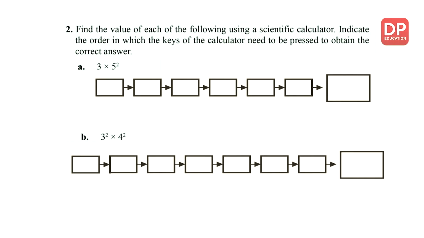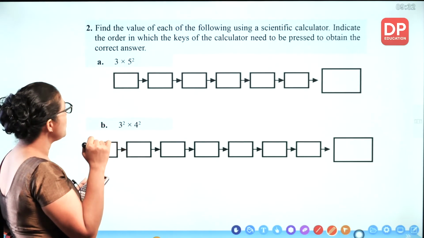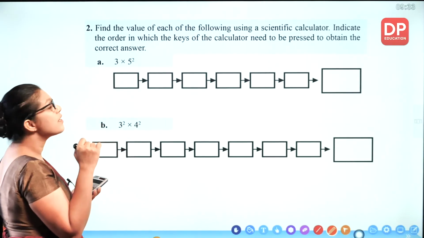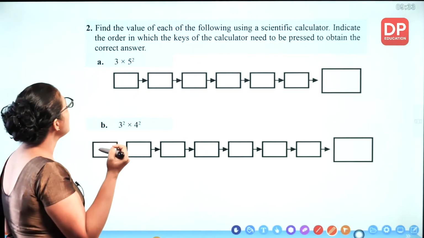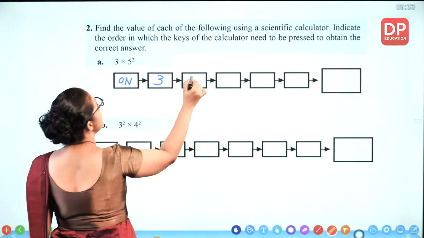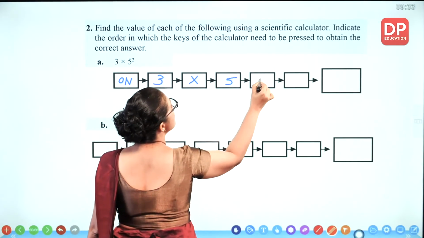Find the value of each of the following using a scientific calculator. Indicate the order in which the keys of the calculator need to be pressed to obtain the correct answer. So same thing, you have to first switch on the calculator. 3 times 5 squared.